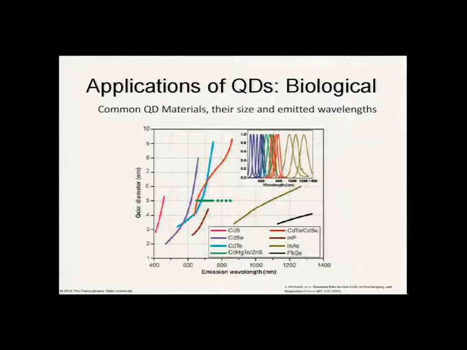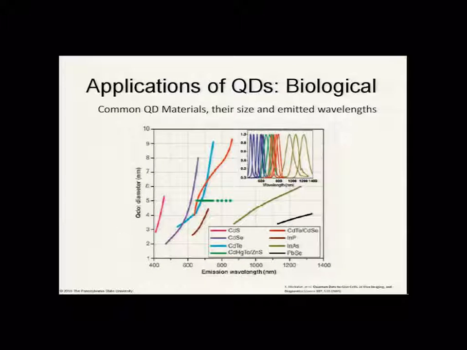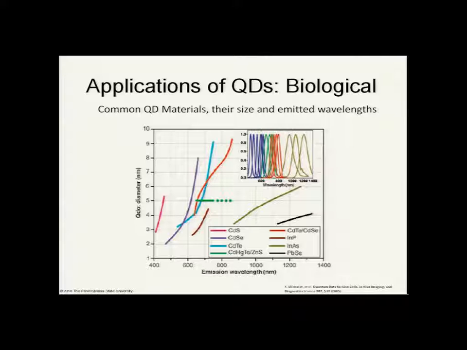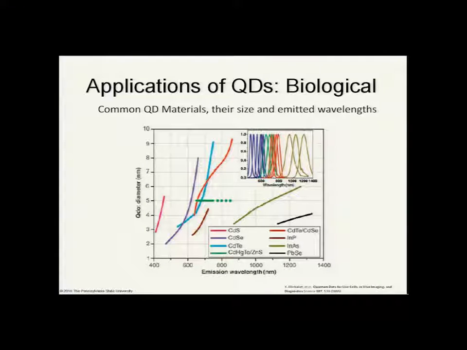This figure generalizes some quantum dot materials, showing their relative sizes and emitted wavelengths. For example, if we pick the one on the far left, it's cadmium sulfide, and we see the emission wavelengths from about 400 to 450 nanometers, ranging over diameters of about 3 to 5.5 nanometers.